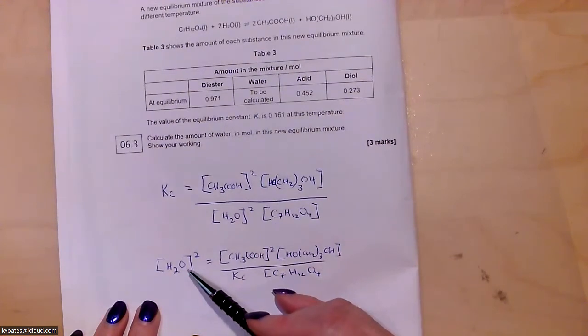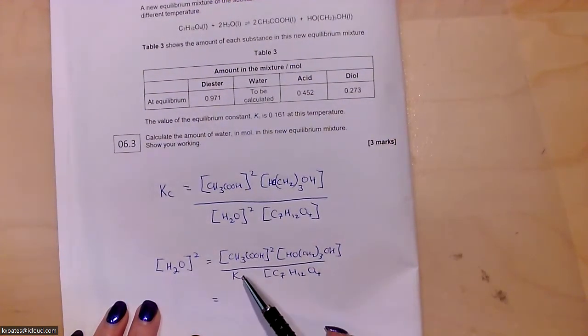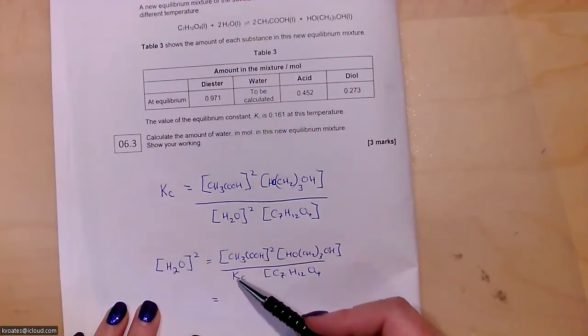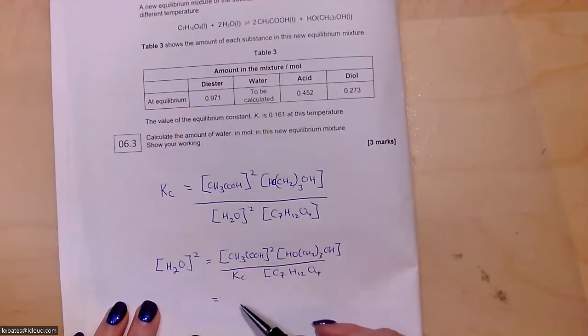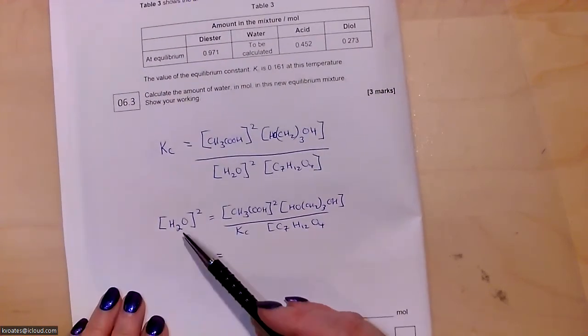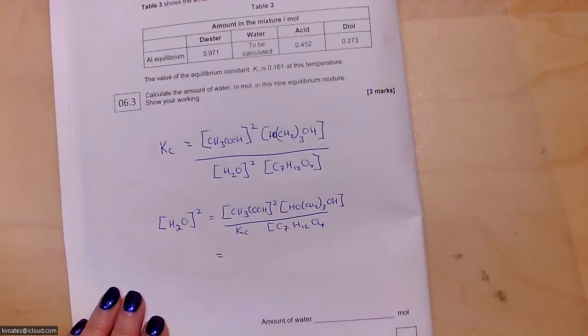I've rearranged for the water. So water squared stays as it is. The Kc just drops to the bottom here. Literally these two are just exchanging places. Now what I'm going to do is substitute the numbers in and work out the value. Then I'm going to take the square root so that I get the concentration of water.